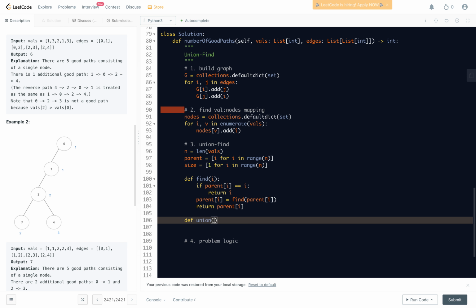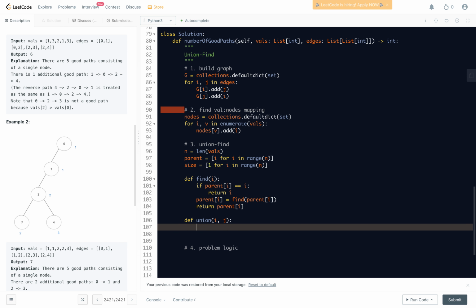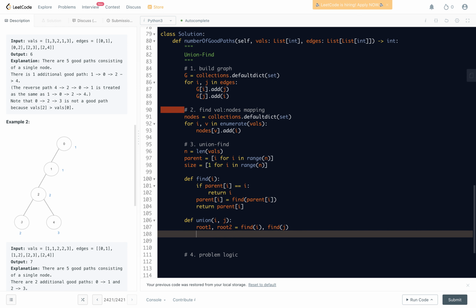Also, we need a union. A vanilla union will be fine, but now let's write a union function with union by size, or by rank. It accepts two nodes i, j. First, we use the find method we implemented: find i, find j. Then we check the size.